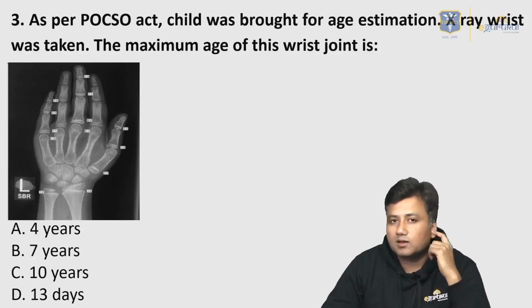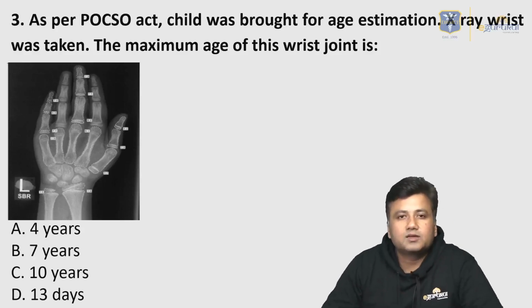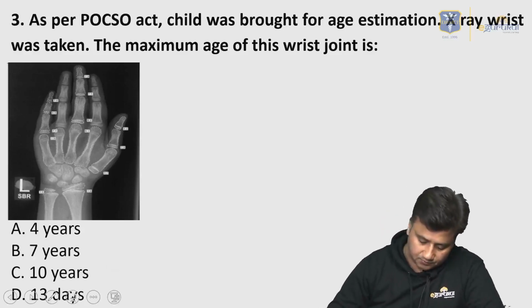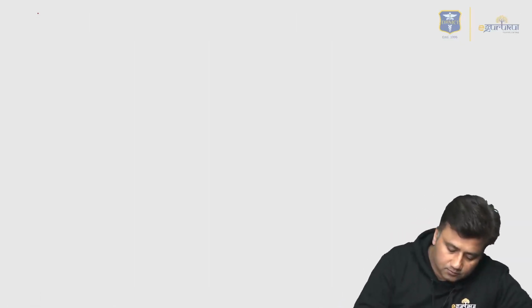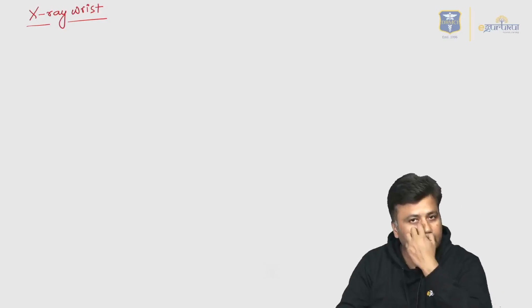Any time we look at the X-ray picture of a wrist, there are three important areas in that X-ray to look for. Three important areas to look for in an X-ray wrist.